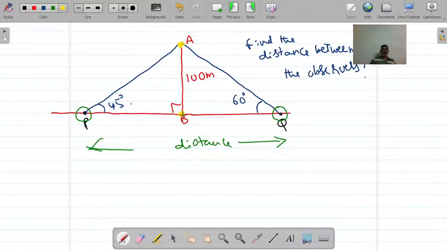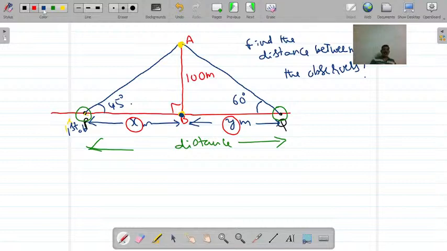So the first observer is at P. The distance between the first observer and the foot of the temple, I take as some x. And likewise, the other person is at a distance of y meters. If I can find this x and y, then I can find the value easily.